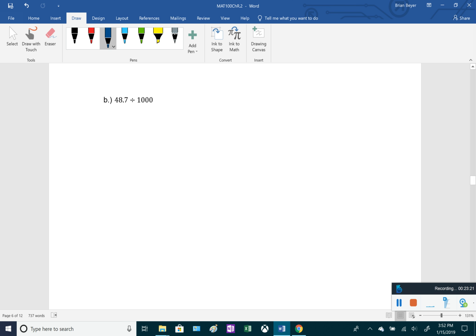Next one we're dividing, so 48.7 divided by 1,000. So there are 3 zeros here. I'm just going to rewrite this so I can have room. 48.7 divided by 1,000. 3 zeros.